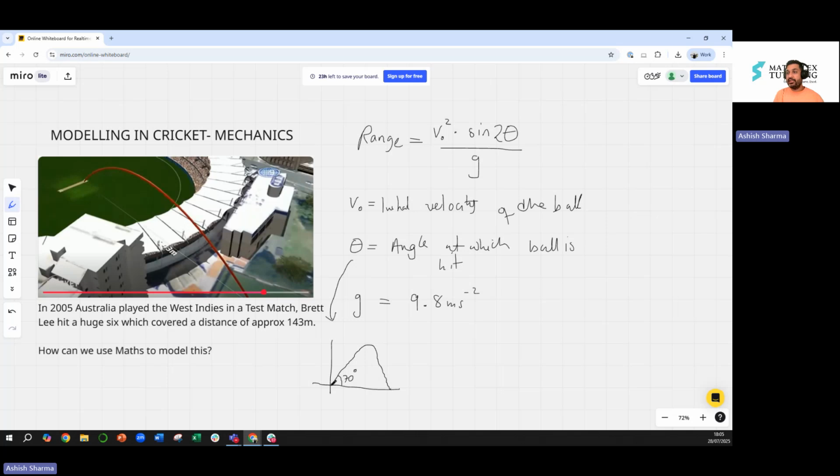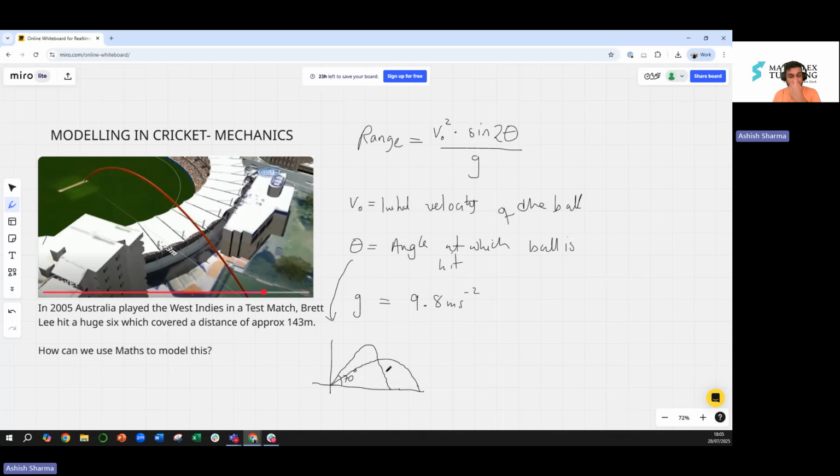However, if you were to reduce that angle, let's say to 45 degrees, then you possibly will be able to achieve that horizontal range to get the 6 runs that you want for that particular shot.